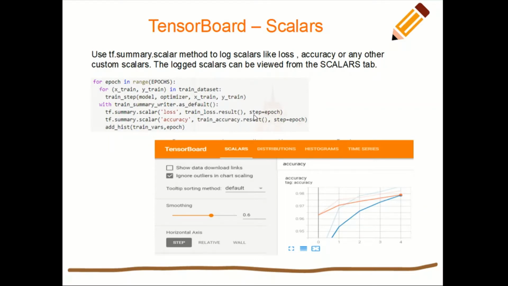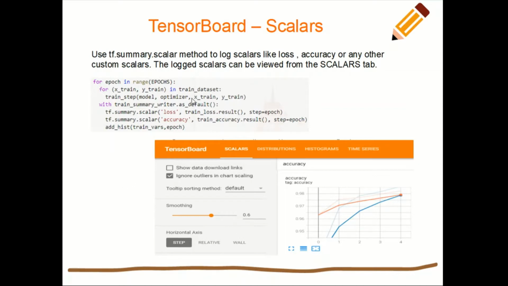Okay, and then we can keep on doing it per epoch, right? And then there is a function that we can use wherein we can also log the trainable variables as a histogram also, and we will talk about this in the next slide.